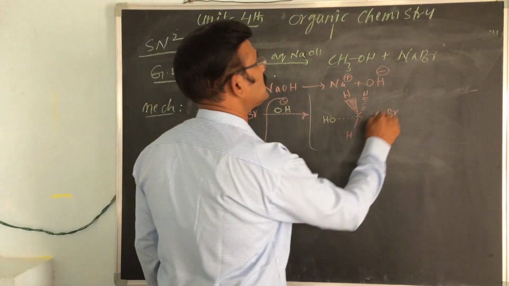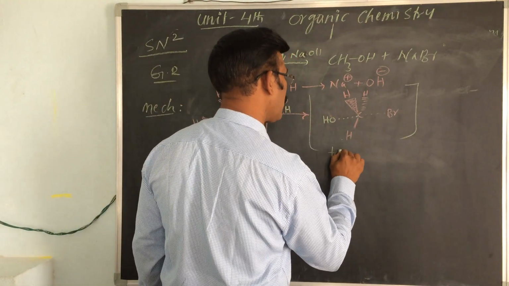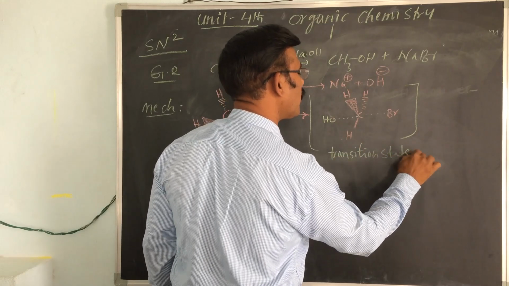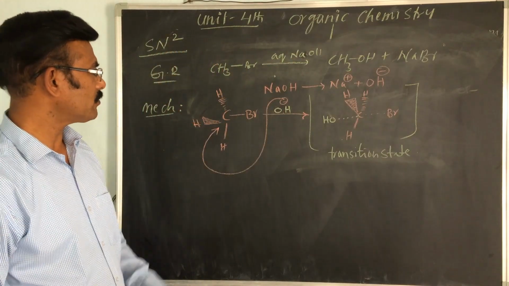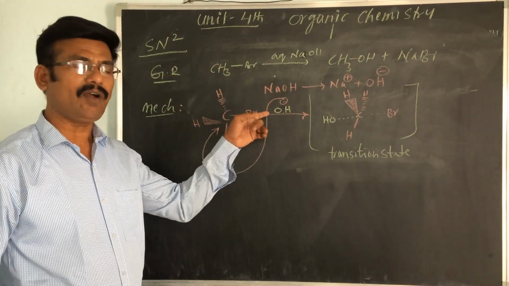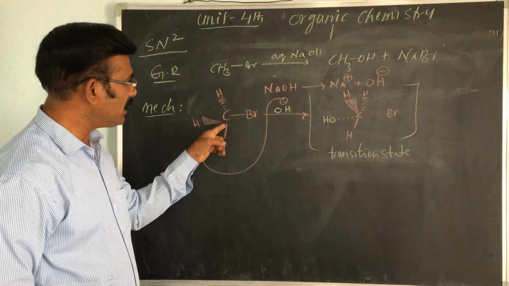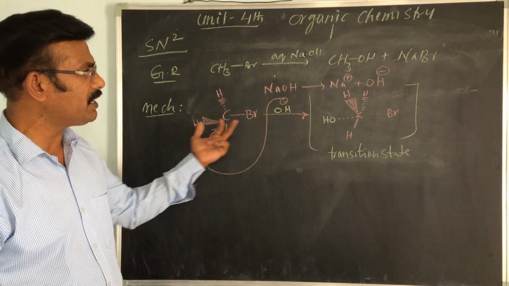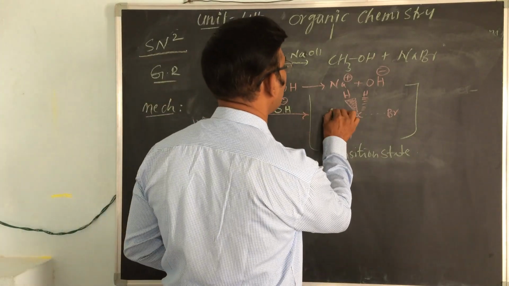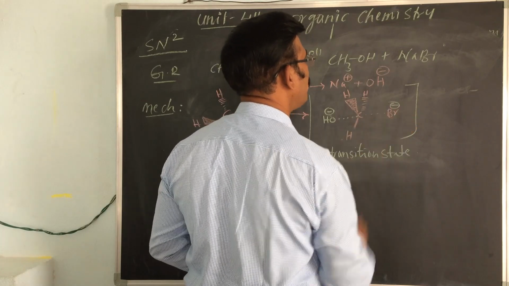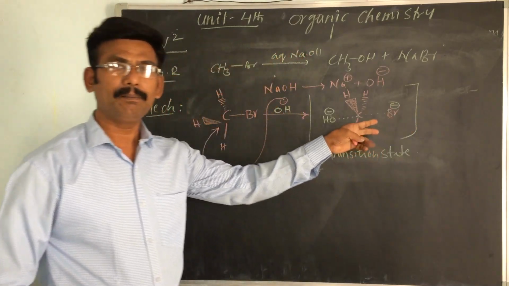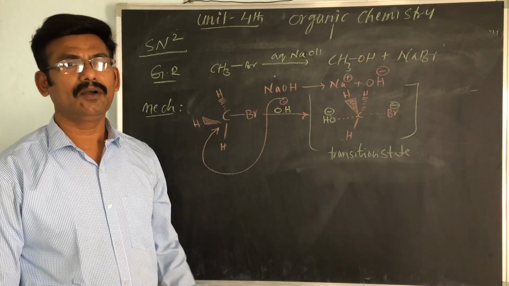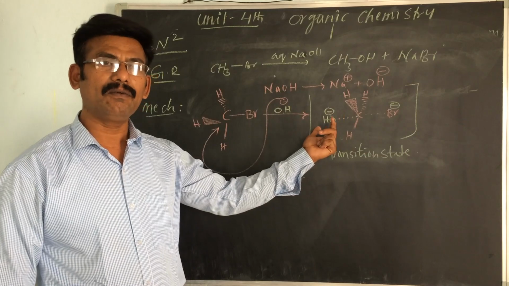This is the transition state. Here the OH, the nucleophile, attacks the back side of methyl bromide. The OH ion is slowly sharing a pair of electrons with the carbon, and Br minus is slowly leaving as the leaving group. One is departing, one is attacking.